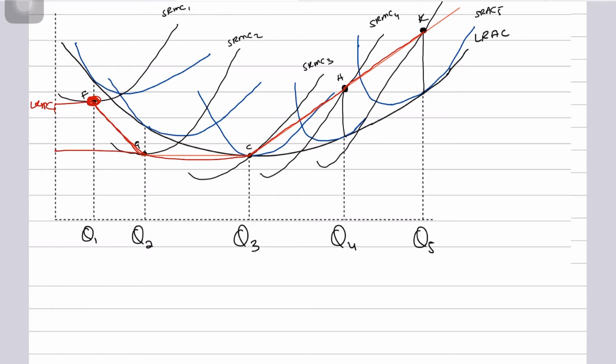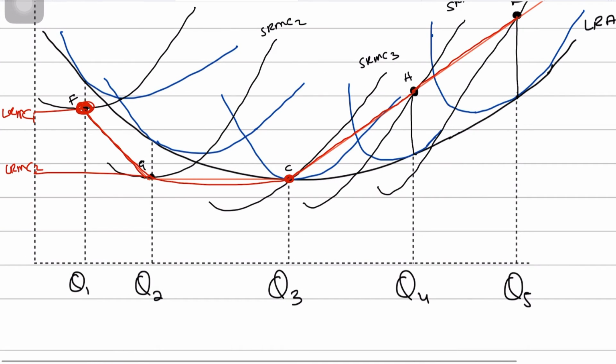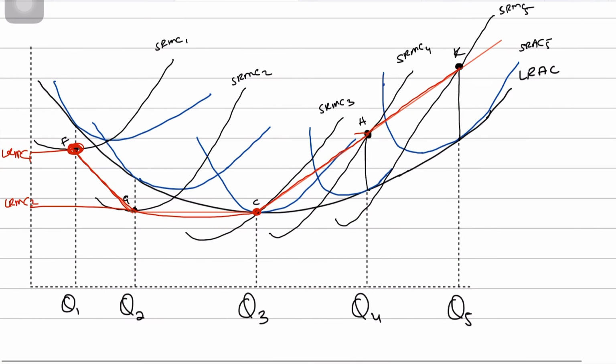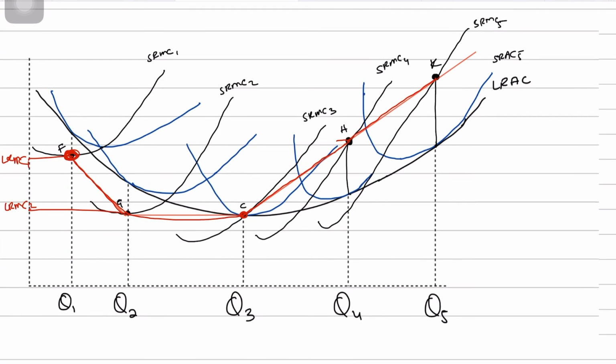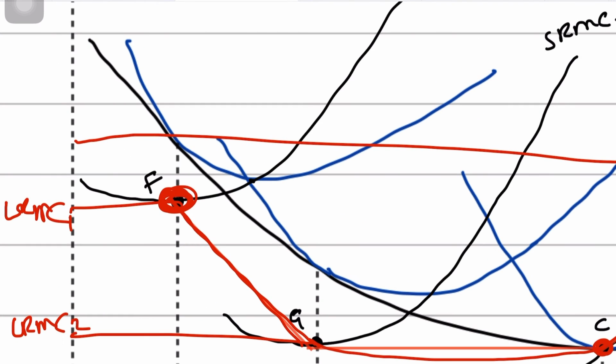Then through point G we found another point on the long run marginal cost curve, for a quantity of Q4, at a definitely larger plant size, with a short run average cost curve on a different plant curve, that is SRAC4. And from point H we can find another point on our long run marginal cost curve, known as L, and its value would be LRMC4.